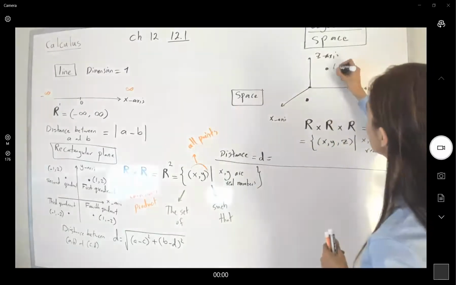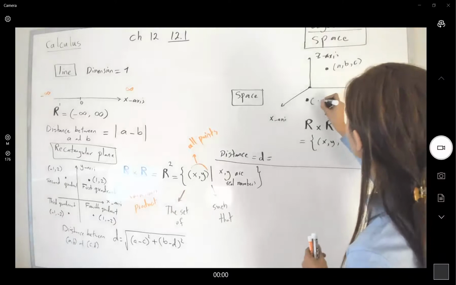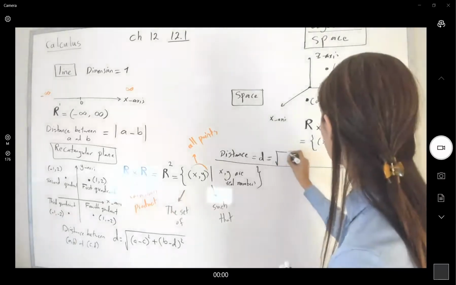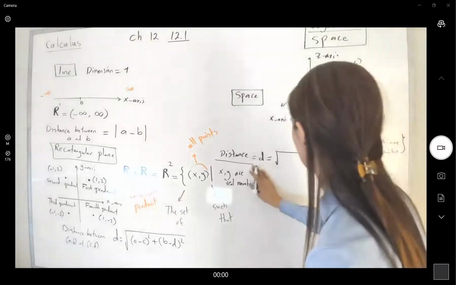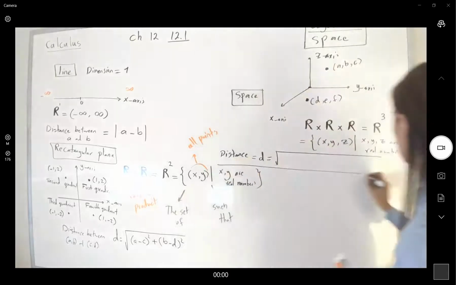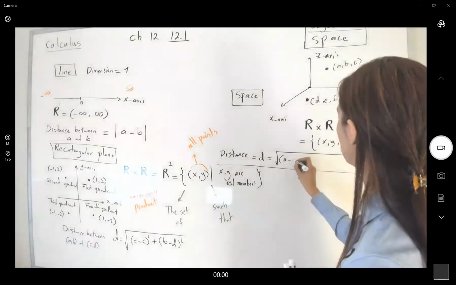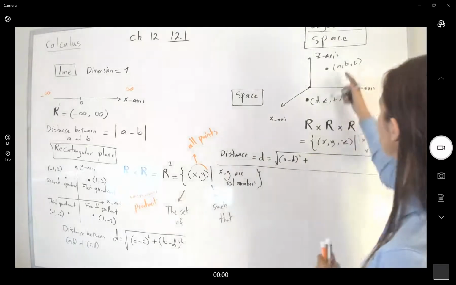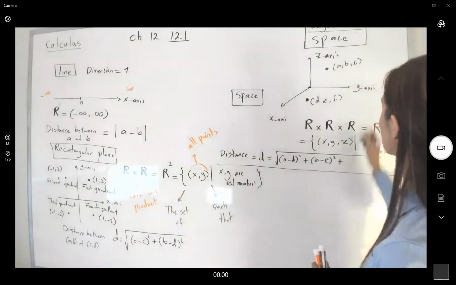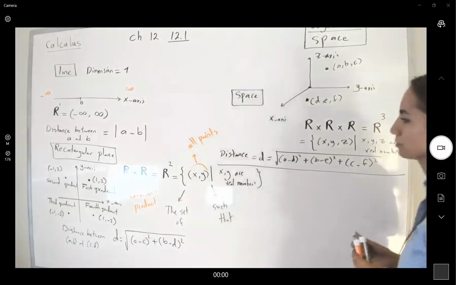Suppose you have this point, A, B, C, and D, E, F. The distance is going to be the square root of the difference between x values, A minus D squared, plus the difference between y values, B minus E squared, plus the difference in z values, C minus F squared.